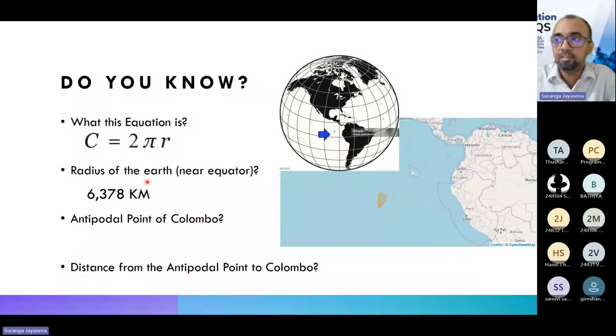What is the distance from this antipodal point, which you can see here? This point is just the opposite of Colombo. So from this antipodal point to Colombo on the surface of Earth, roughly to near 1,000 kilometers.